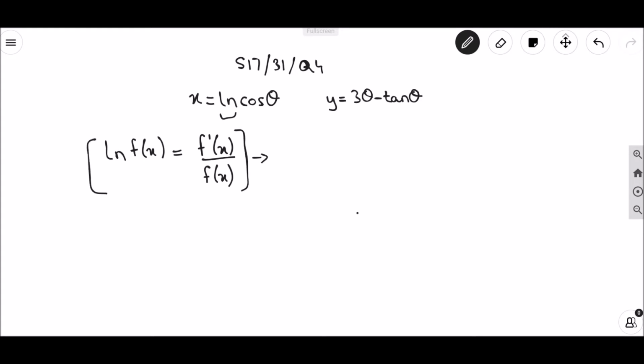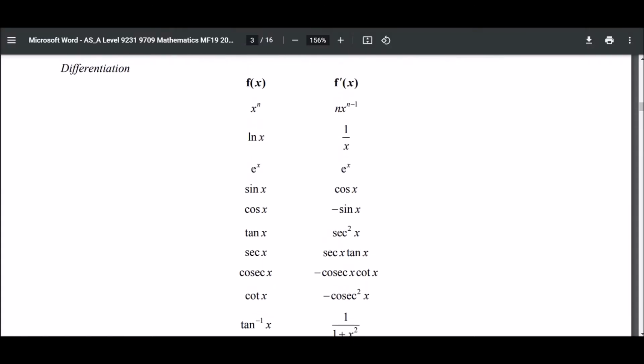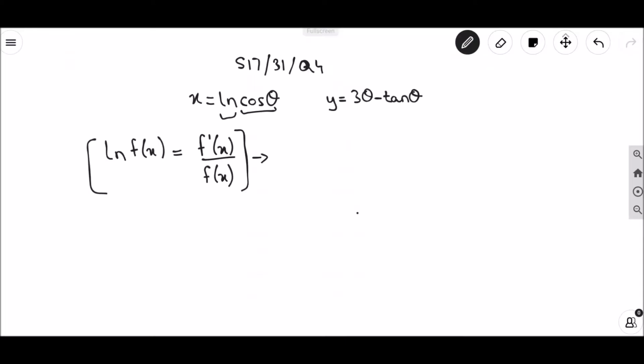According to this rule, the derivative of the function, which is cos theta in our case, is given in the formula sheet right here. Under differentiation, cos theta's derivative is minus sine theta. So I'll write minus sine theta over the actual function, which is cos theta.